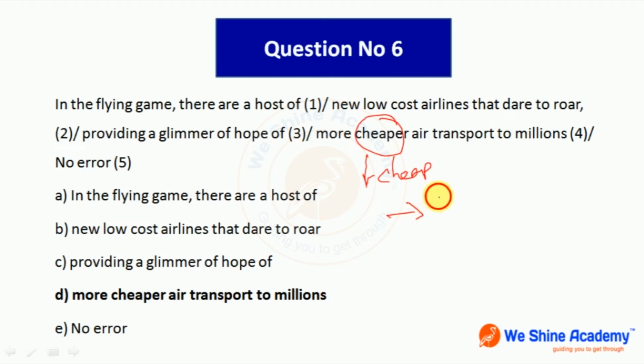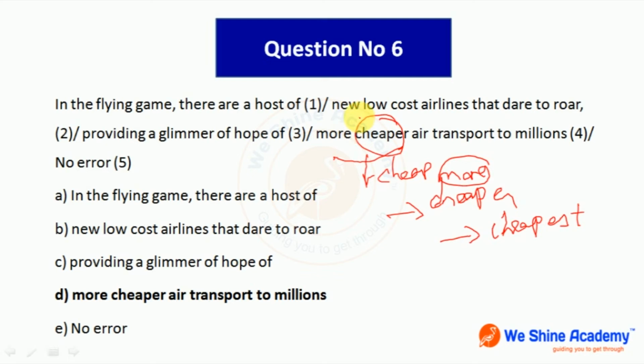So cheap, cheaper, and cheapest. So here more is not necessary. Then where can we put more and most? More and most can be put before polysyllabic words such as more beautiful, more marvelous, most wonderful. So the error lies in the fourth part of the sentence. More can be discarded. So the answer is option B.